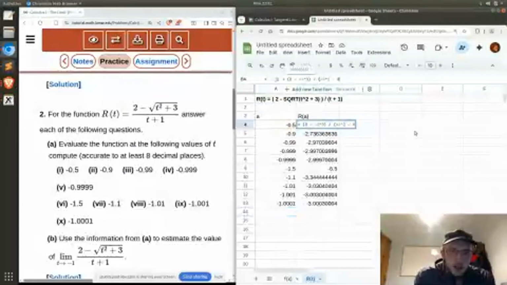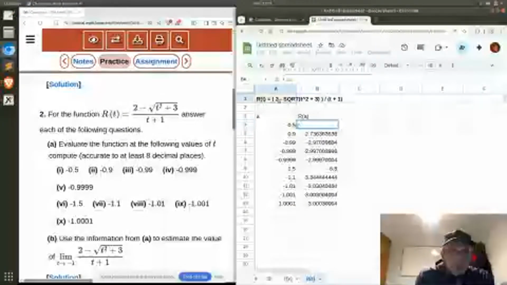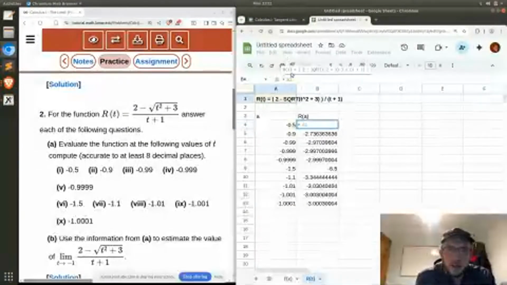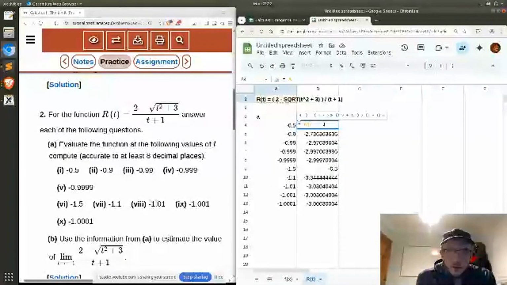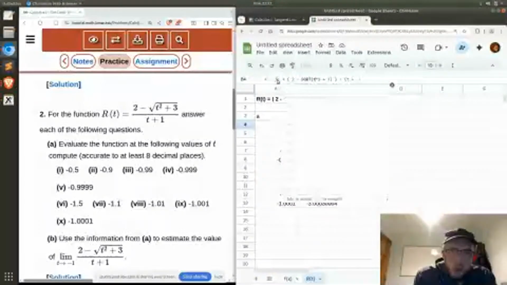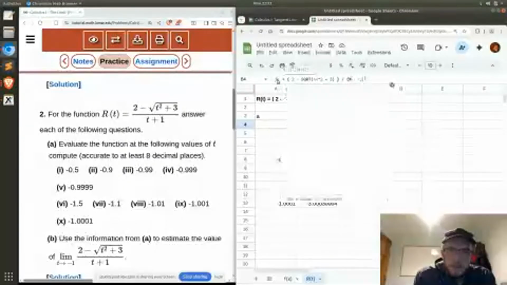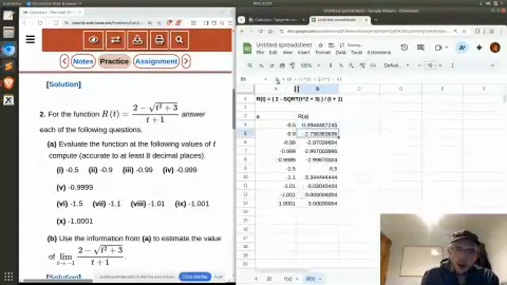Now let us define this actual function. Right, well, I just wrote it out, didn't I? Put a4 there, a4 there.